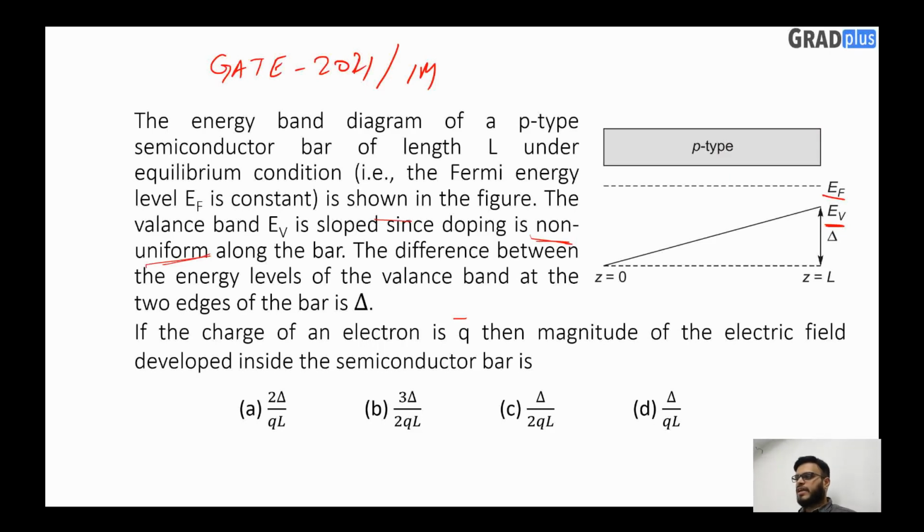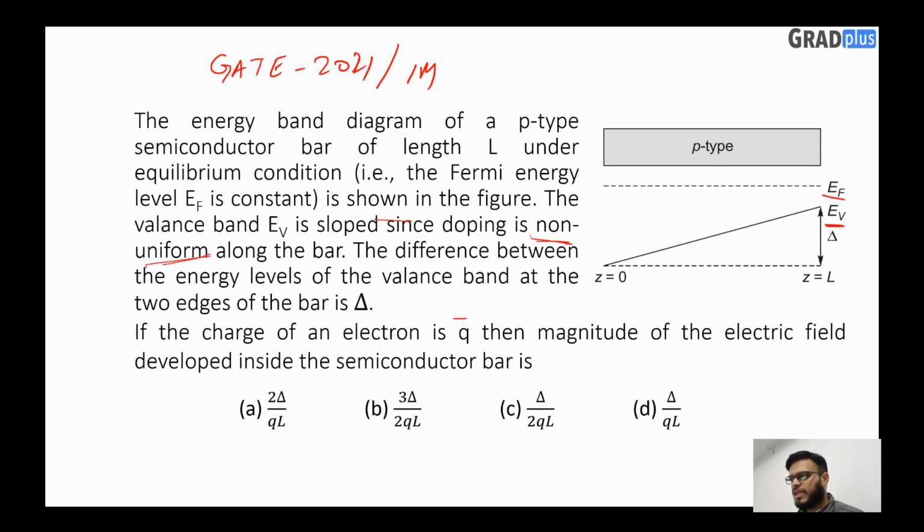Now we can say that because of that, the distance between the top of valence band, that we call EV, and the Fermi level EF will not remain constant. As the doping increases, the Fermi level tends to move closer to the valence band, or we can say the top of valence band comes closer to the Fermi level. So let us discuss this in more detail.